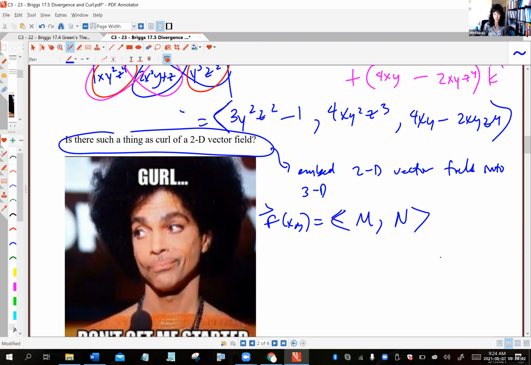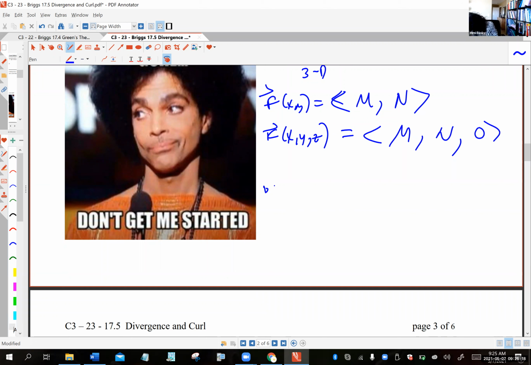So when you do the cross product of this whole thing, you're going to end up with, when you do this curl in 3D, essentially 0, because you got a 0 there. 0 minus dN/dz.